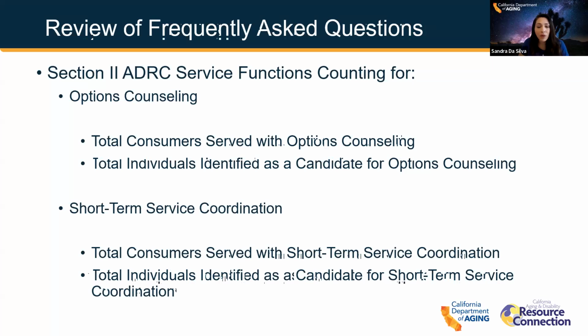So it's not considered double counting as long as the consumer is both served and also identified as a candidate. For example, Ms. Smith calls in and can be identified as a candidate and then served with options counseling. So she can be counted in both of those data counts.